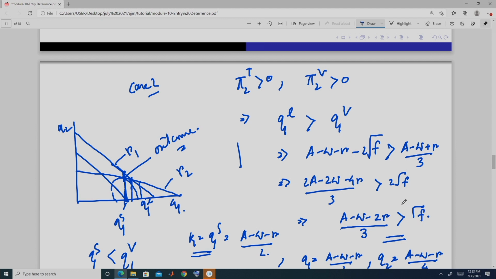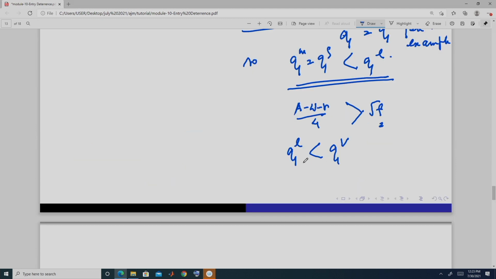So, just the sign is opposite. Okay, and you can see that this is less than this.